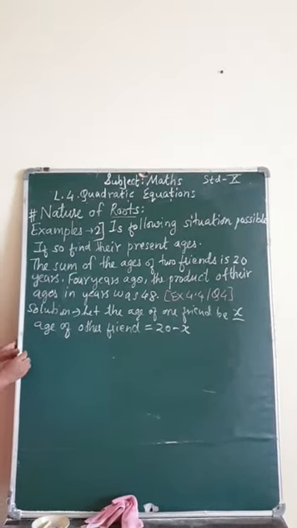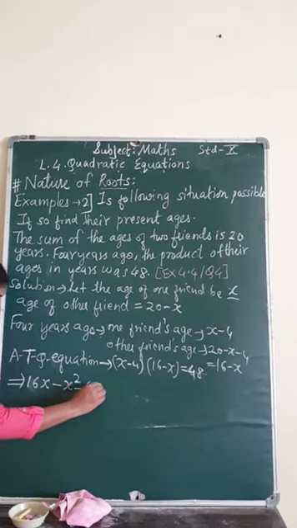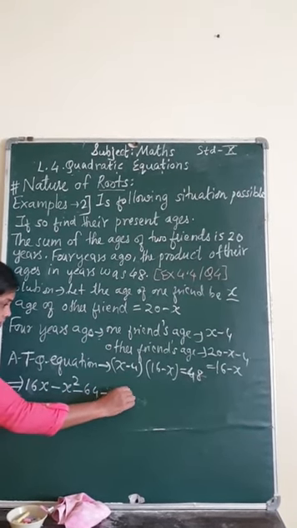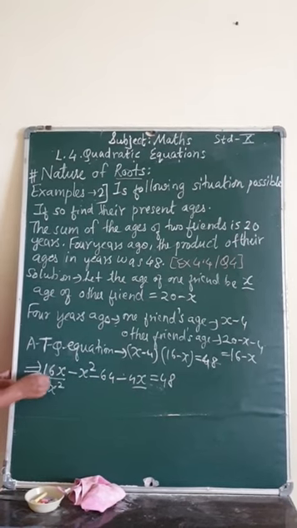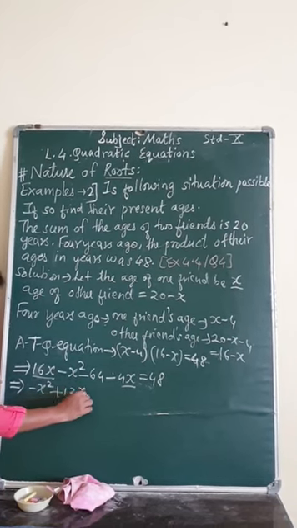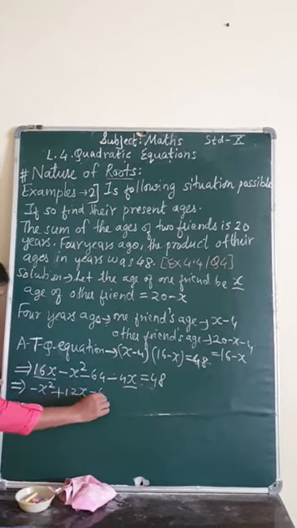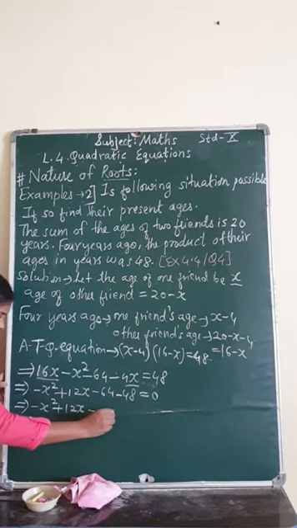Here first we will simplify this, that is 16x minus x square minus 64 plus 4x is equal to 48. So here we have minus x square plus 20x minus 64, and transposing 48, we get minus x square plus 20x minus 112 is equal to 0.